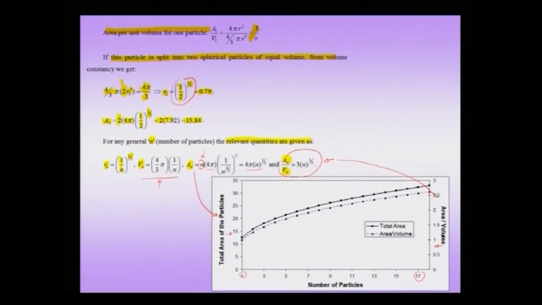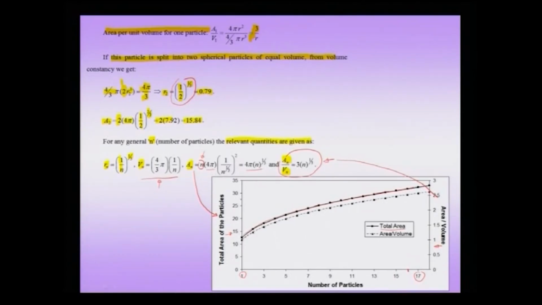So, we notice that the total area of the particle starts from, if you look at the formula here, somewhere around more than 10, and this is the total area given by this upper line, and you can see that the number increases, and by the time we go to about say 16 particles, already the area has increased more than double.